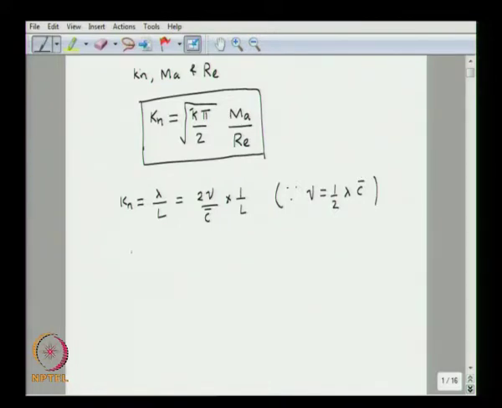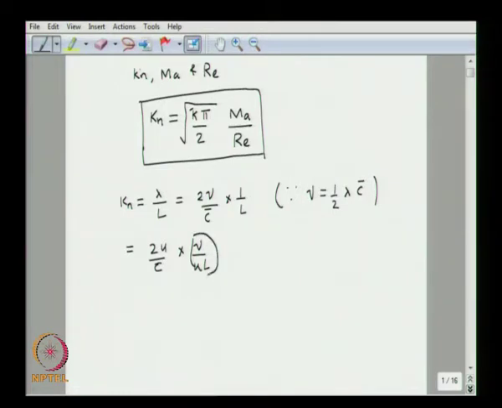So we can write 2 nu over C bar into 1 over L, which is 2 nu over C bar into U over U L. Okay, this is C bar.